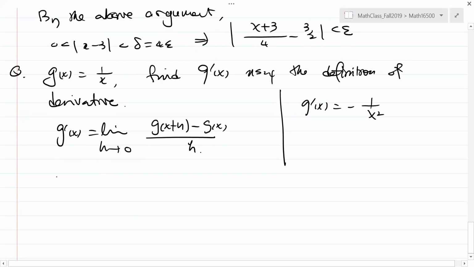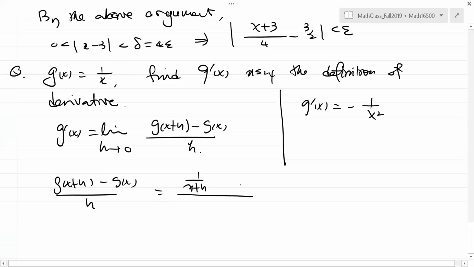So we have to understand what x plus h means. There are some students who still don't know what g of x plus h means, and that's why there are some problems on the SAT math part. If g of x is 1 over x, what is g of x plus h? Then you just need to replace x by x plus h.